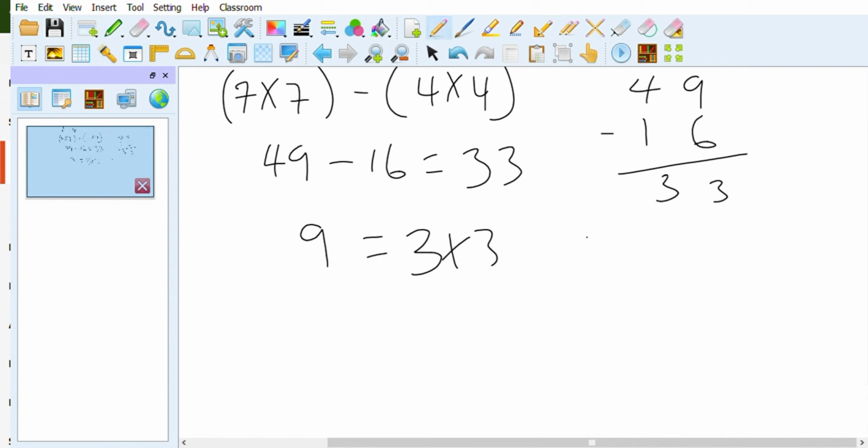Okay, so if we ask what is the square root of 25, we know that 25 can be written as 5 times 5. So the square root of 25 is 5. Okay, so make sure that you write that number as product of the same factors. So the square root of a number is the opposite of the square.